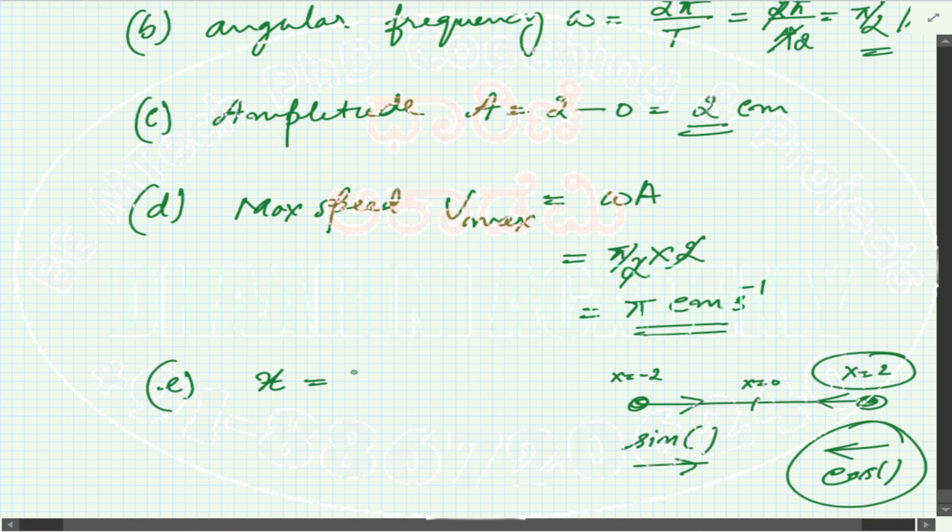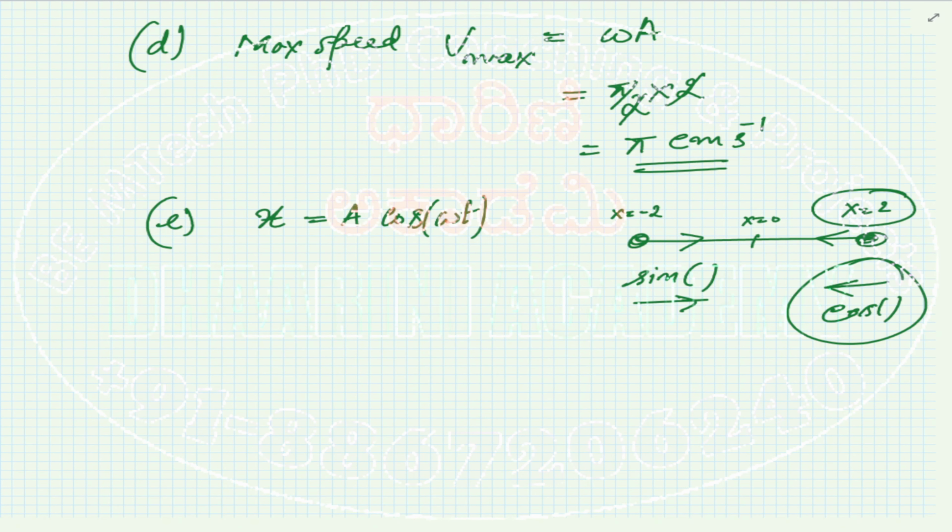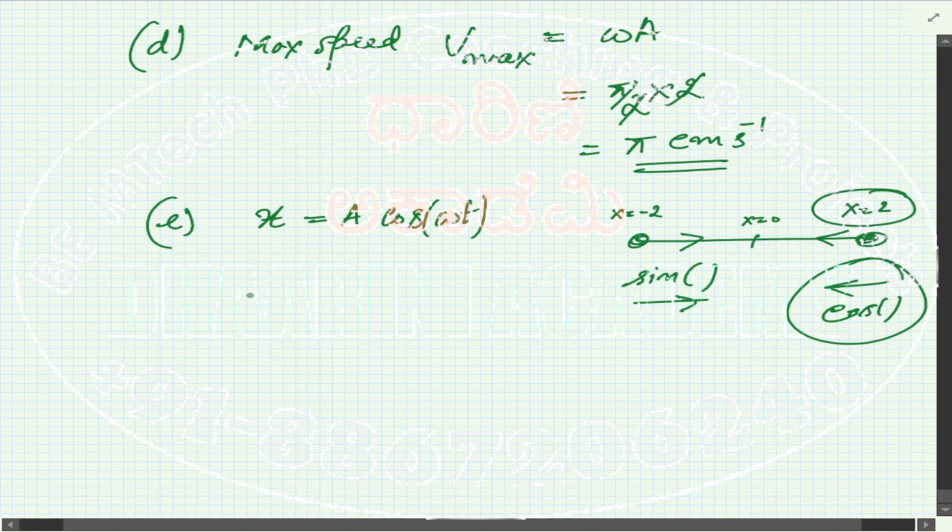So we'll write x is equal to A into cos omega t. Right? So the displacement is given by, A in this problem is 2, into cos omega t, omega is known, which is pi by 2 radians per second, into t. Right.